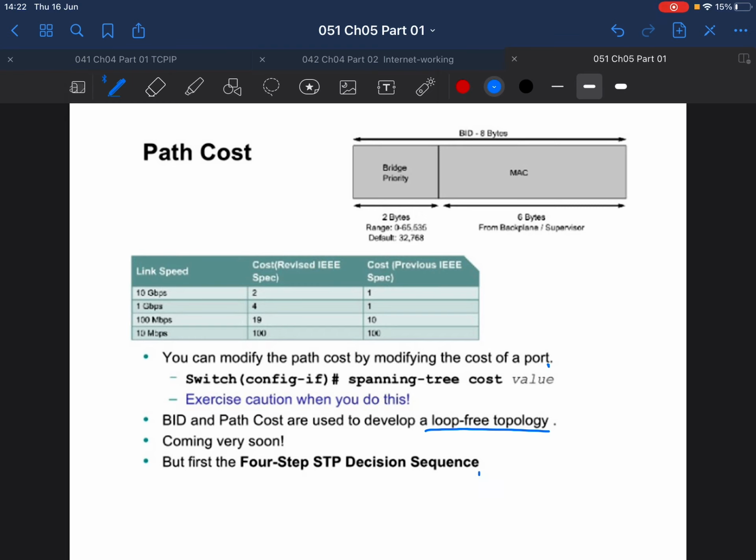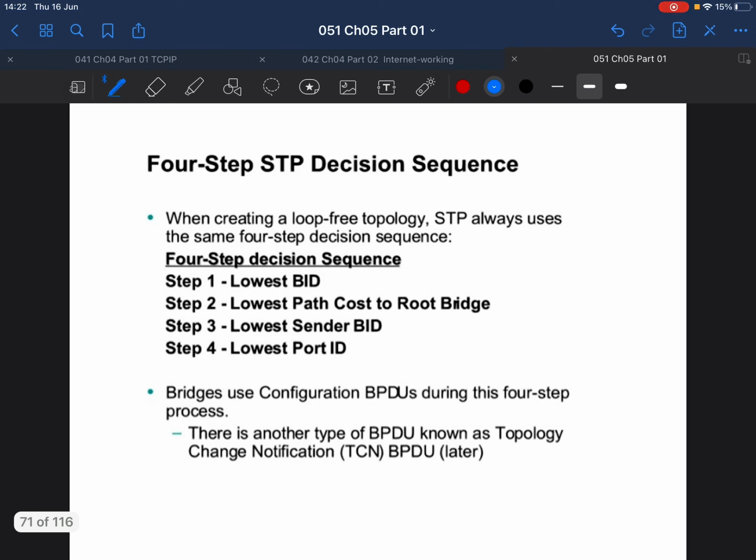Let's see these 4-step STP decision sequences. When creating a loop-free topology, STP always uses the same 4-step decision sequence. Step 1, lowest BID. Step 2, lowest path cost to root bridge.